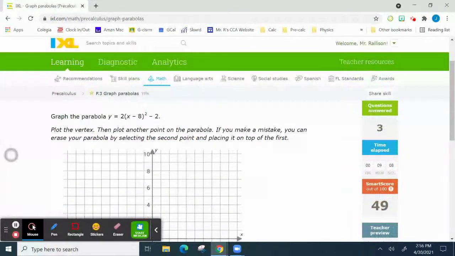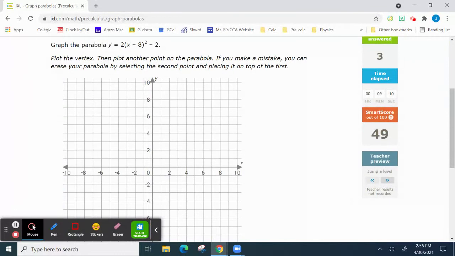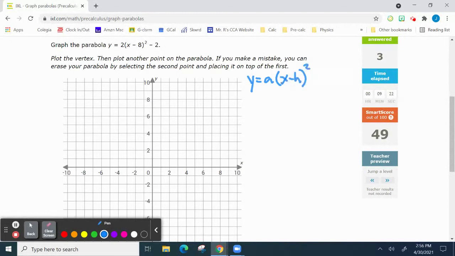All right, so now they jumped us up a level, and let's just look at it. Okay, so it's a y equals a x minus h squared plus k. And what numbers do we have? We have a 2 for a.